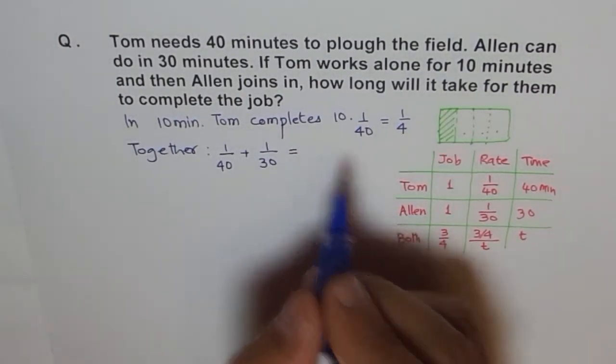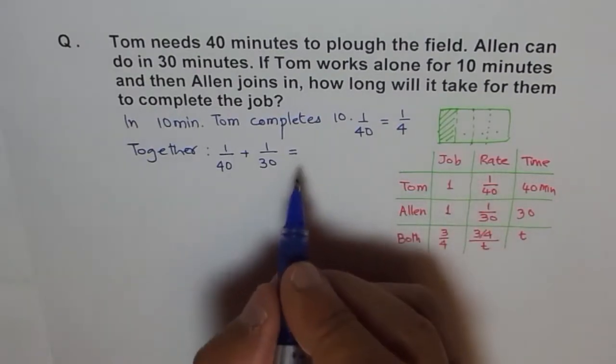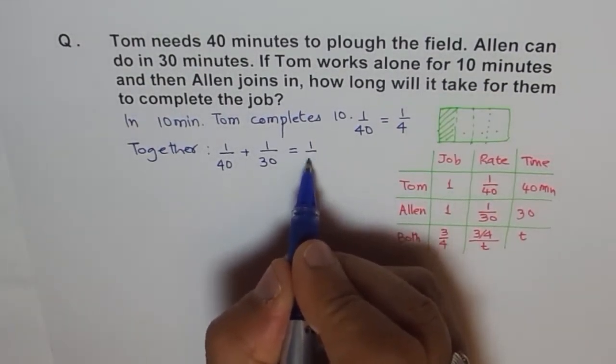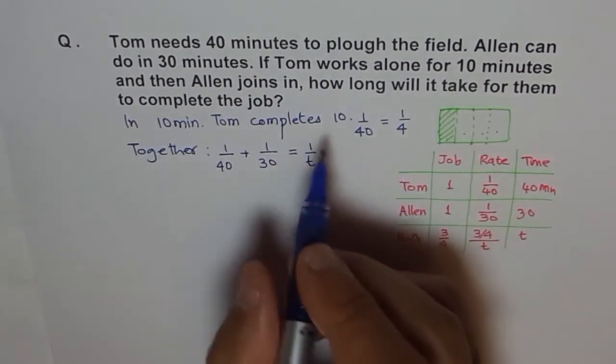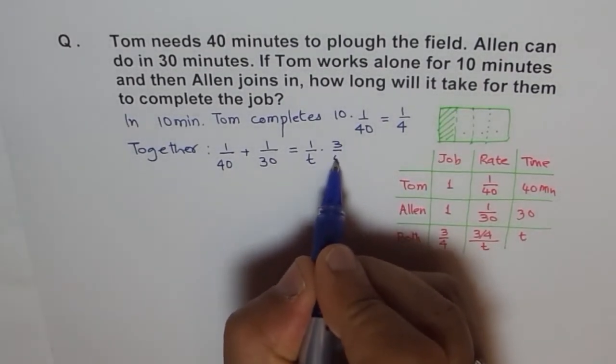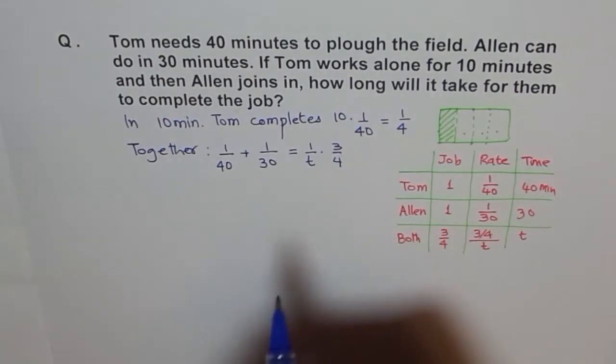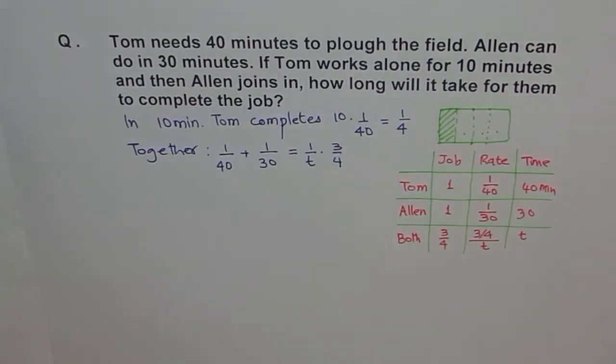And they do the job in t minutes, so the rate is 1/t. And how much of the job do they do? They don't do one full job. They only do 3/4 of the job. Do you understand? So that is how we get our equation. Take a moment to understand this equation.